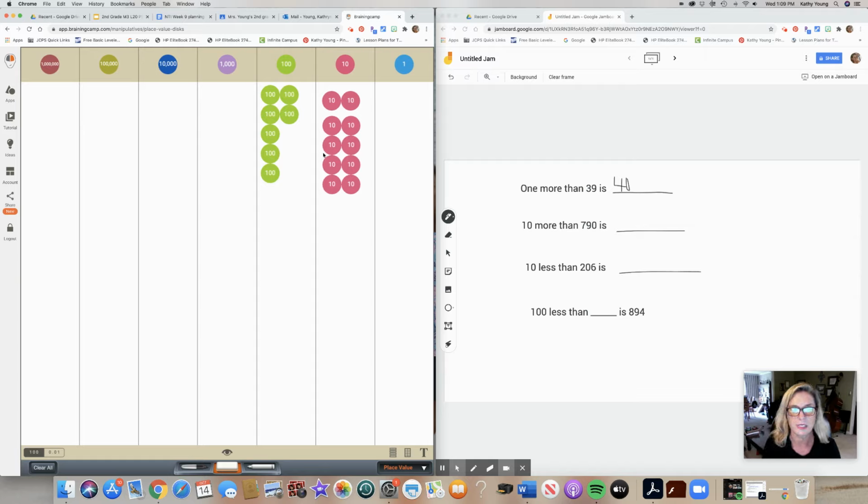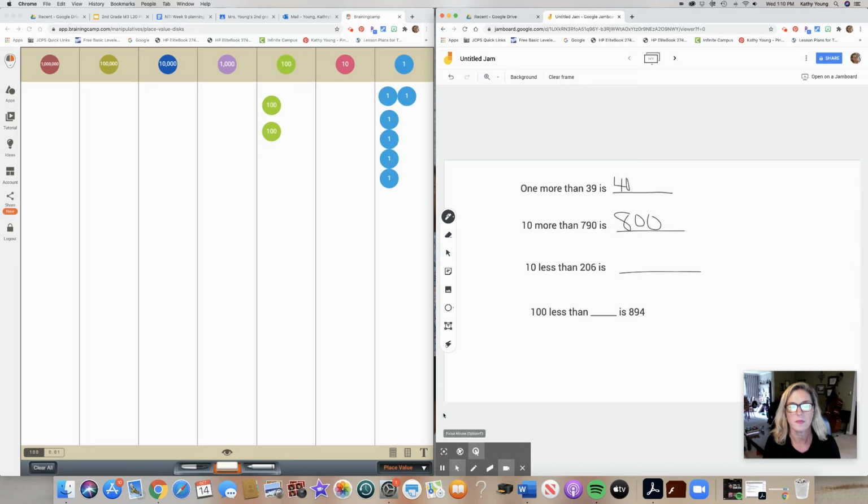I need to trade in those 10 tens. So my 790 plus 10, if I group those 10 tens together, 10 tens turns into 100, and my 790 turns into 5, 6, 7, 800. So it turns into an 800. So 10 more. Okay.